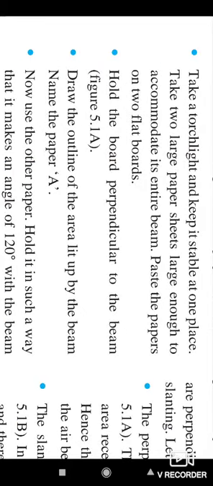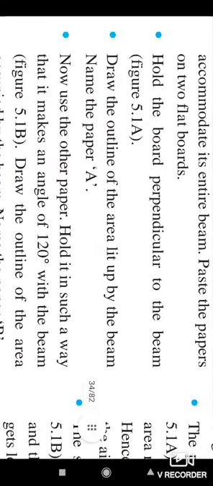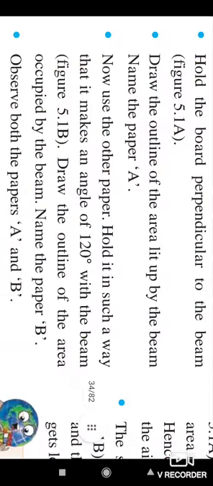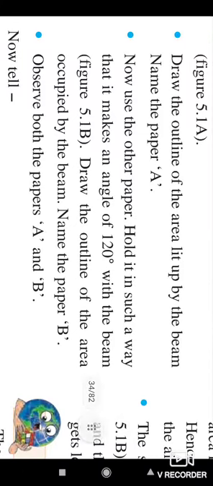Hold the board perpendicular to the beam as in figure A. Draw an outline of the area lit up by the beam. Name the paper A. Now use the other paper. Hold it in such a way that it makes an angle of 120 degrees with the beam.